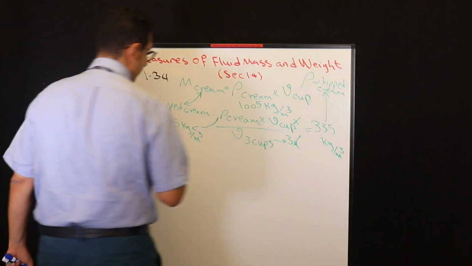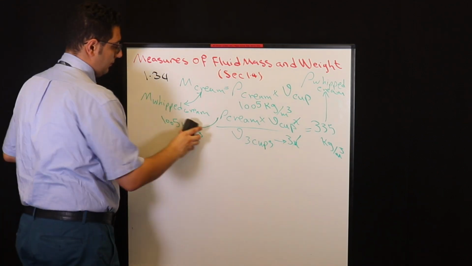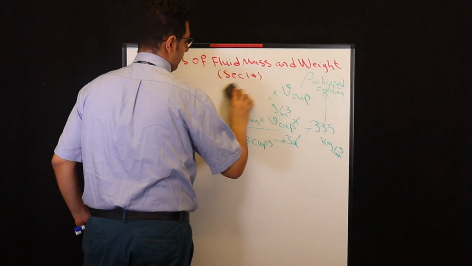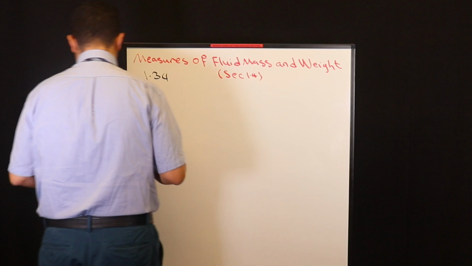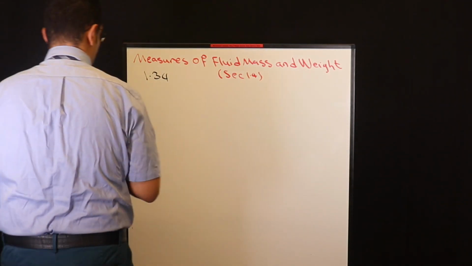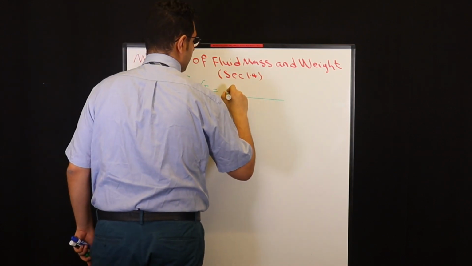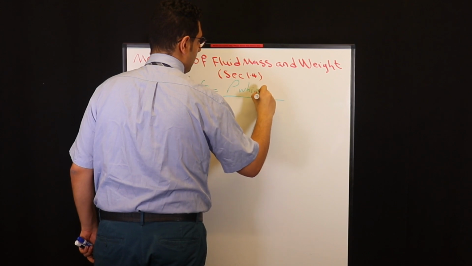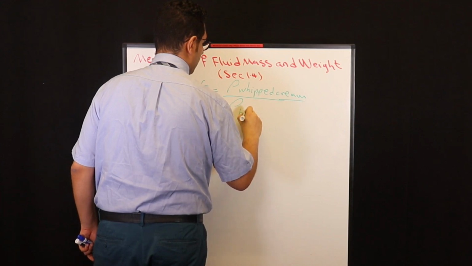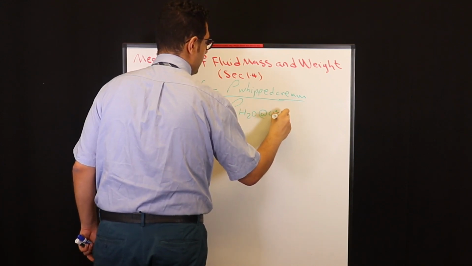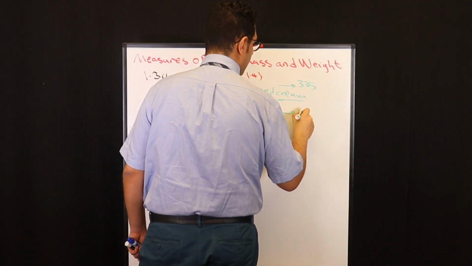As a specific gravity, we have density of whipped cream divided by density of water at 4 degrees Celsius, which means this is 335, this is 1000.